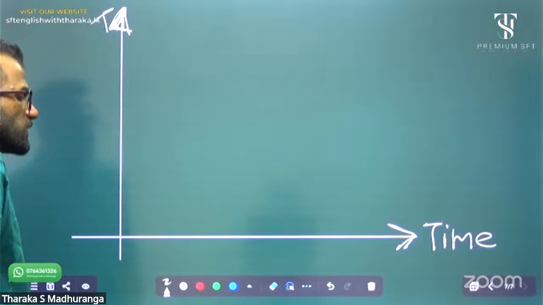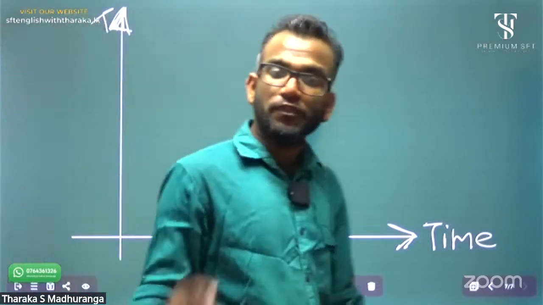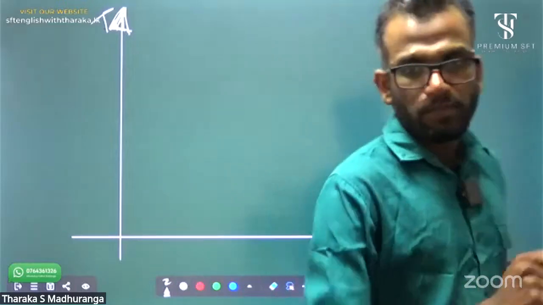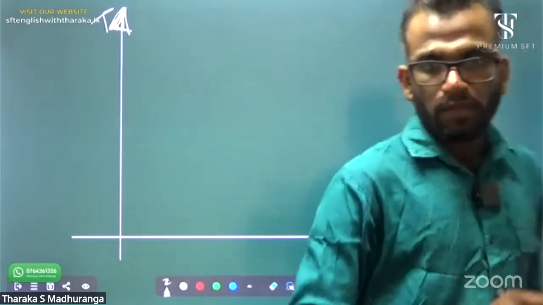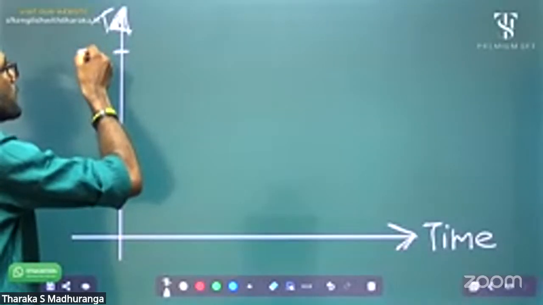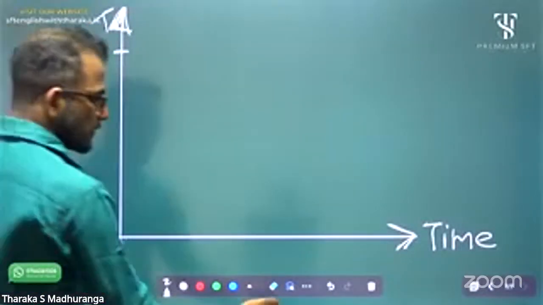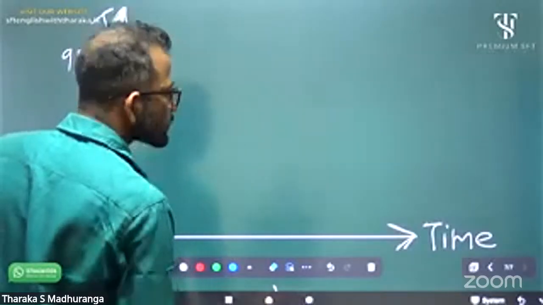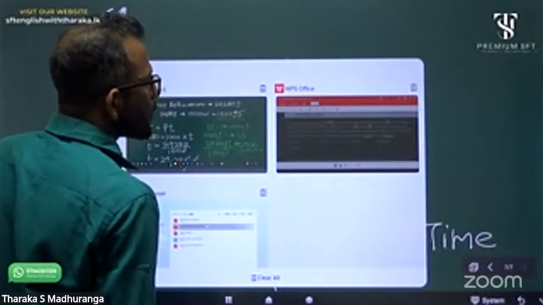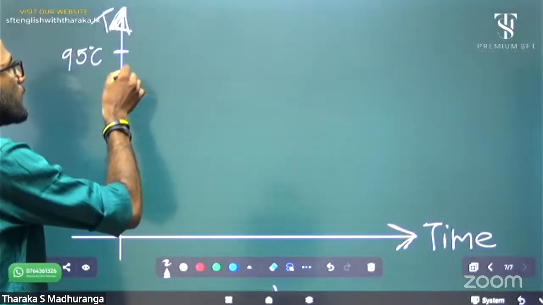Okay, initially, where is it starting? 95 Celsius. Okay, this is 95 Celsius because it's the temperature column. And what is the boiling point? 80 Celsius.